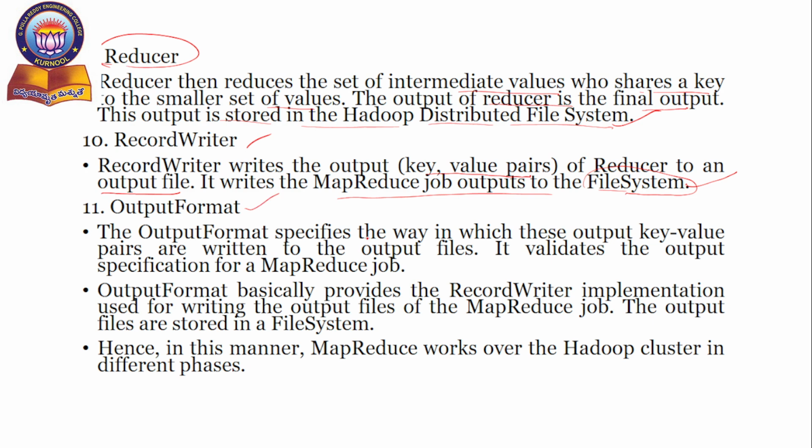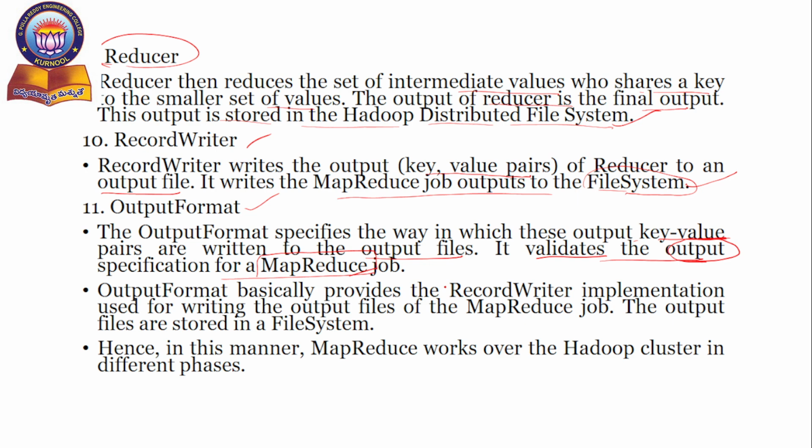The output format specifies the way in which these output key-value pairs are written to the output files. It validates the output specification for a MapReduce job. That is, the specification that was given before the job was assigned to MapReduce will be validated against the output generated by the reducer.